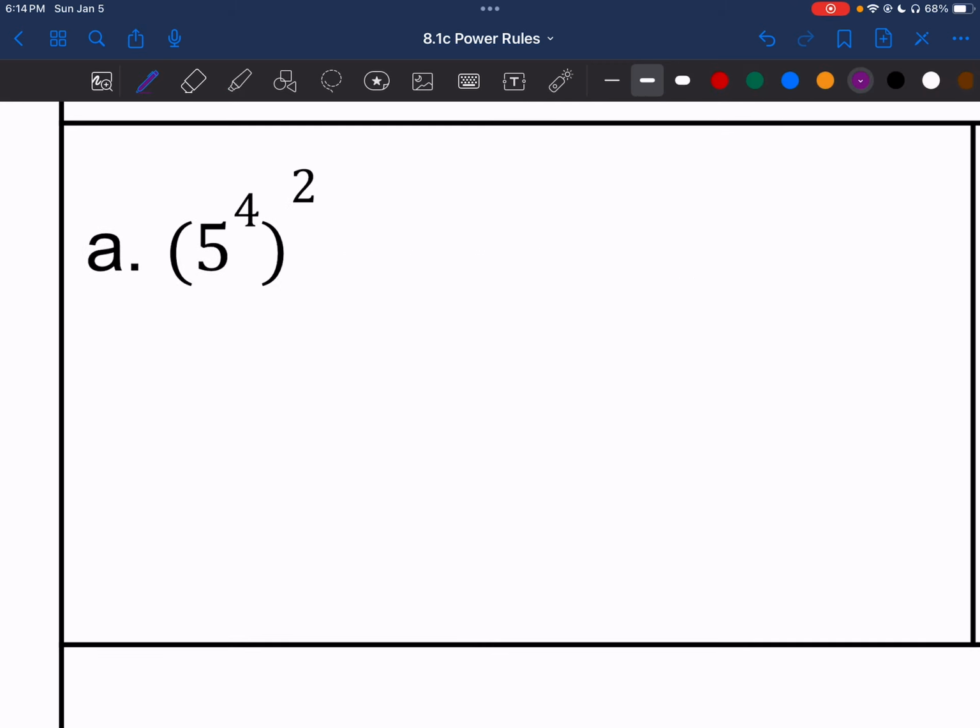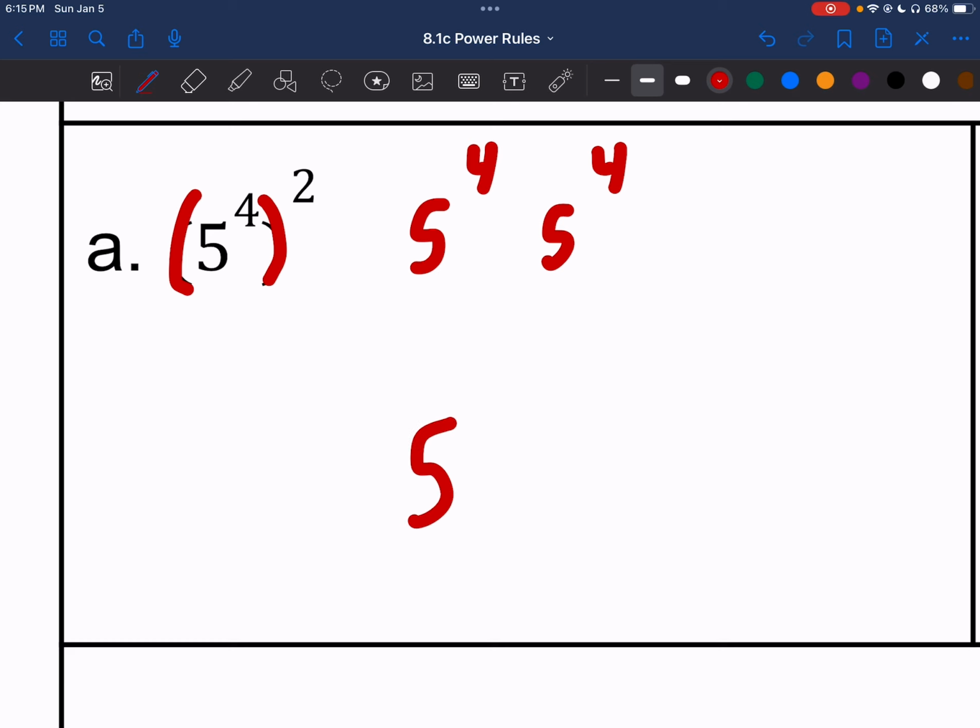We've got 5 to the fourth to the second power. If we were to rewrite this, being to the second power means this part is repeated twice. So we have 5 to the fourth, 5 to the fourth. In expanded form, we would have 4 5s times 4 5s, and we have a grand total of 5 to the 8th power.